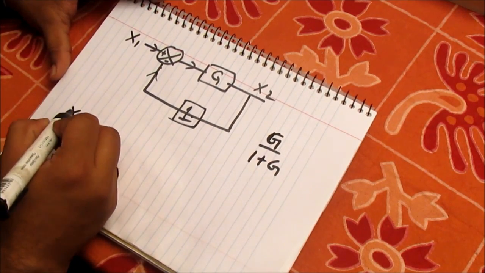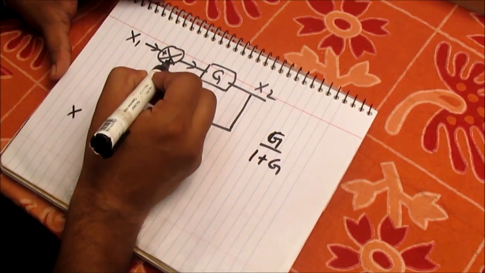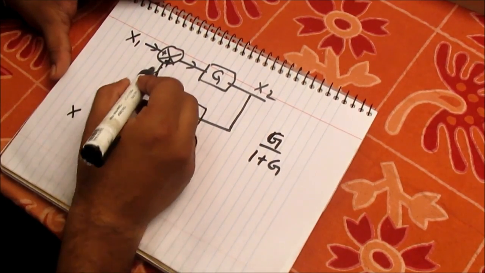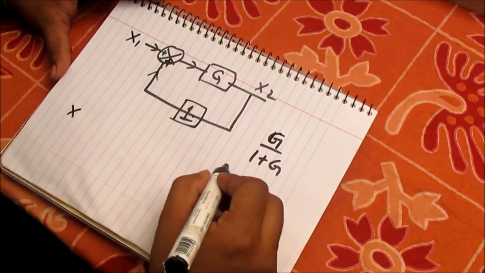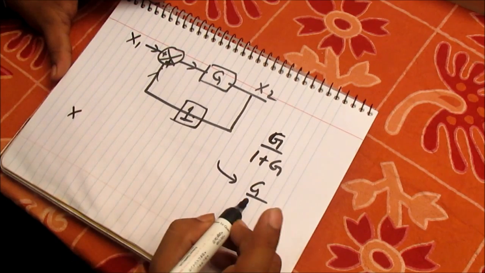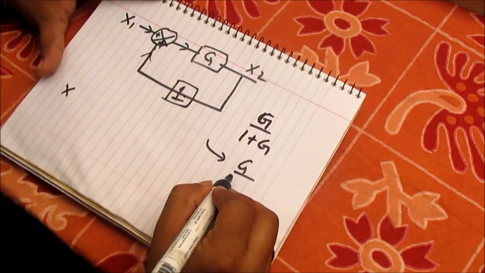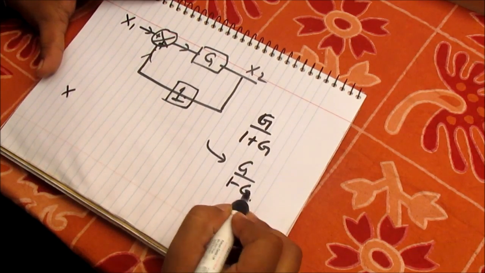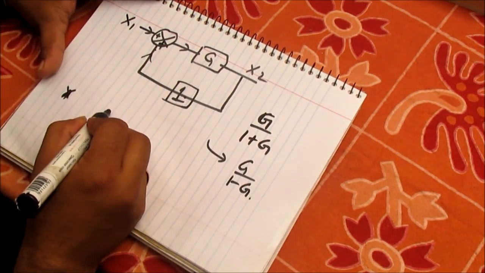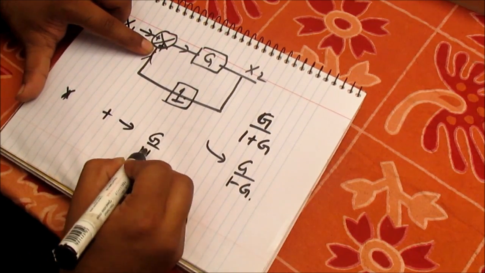Similarly, if I have a plus sign here, then its output will be G/(1-GH). H is 1, so 1 minus G. So if it is a plus sign here, I will write G/(1 minus G), and if it is a minus sign here, I will write G/(1 plus G).